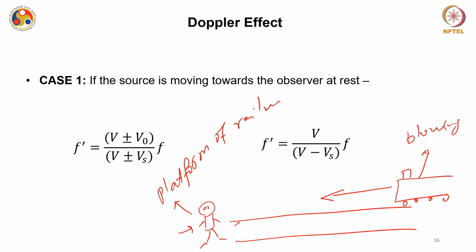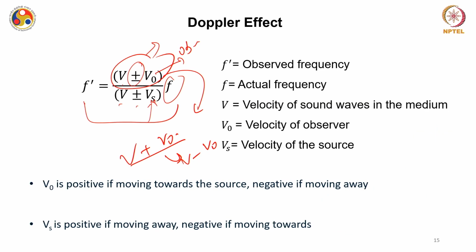In this case, the f bar from the Doppler effect will be (v ± v naught) by (v ± vs) into f. In this case the observer is at rest, and the source is moving towards the observer.